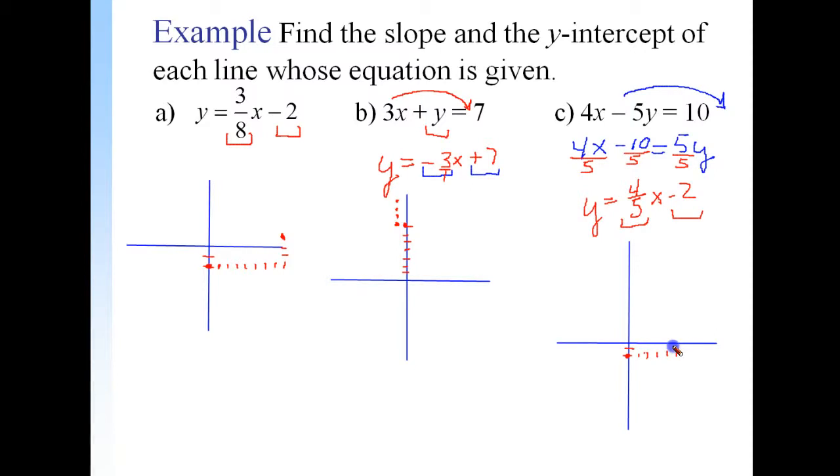And now I go up 4. 1, 2, 3, 4. And there's my second point. And now I just connect it with a line. And there's this one. And for this one, in your math lab, it's going to make the whole graph.